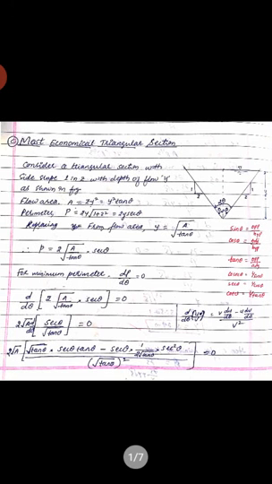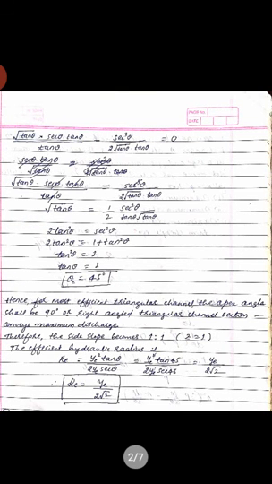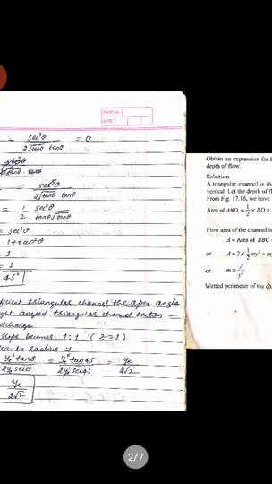So this is the derivation of hydraulically efficient triangular channel sections. I have discussed the derivation in terms of trigonometric function, and finally you will get theta as 45 degrees and the apex angle should be 90 degrees. If they ask in terms of depth of flow, instead of differentiating the wetted perimeter with respect to theta, you have to differentiate with respect to y.